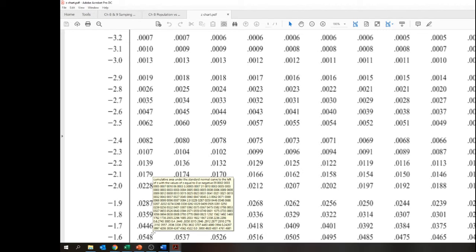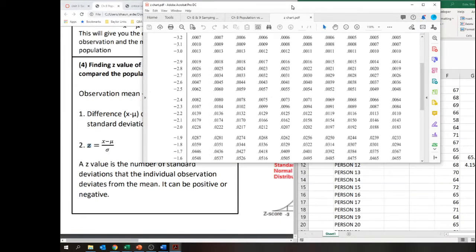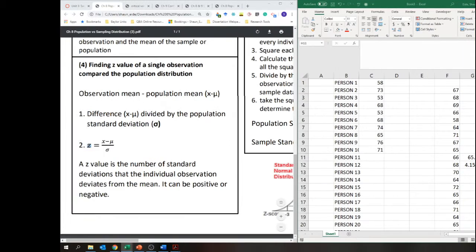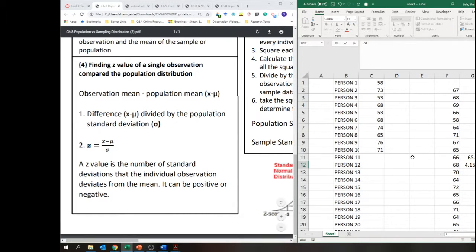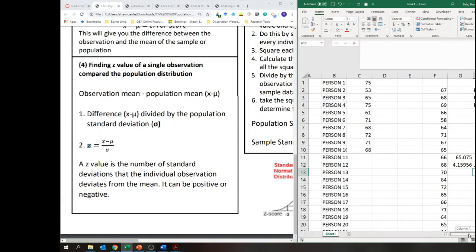So this right here, this is the probability. So in other words, 4.46% or 0.0446 is the probability of an individual having a height below 58 inches.